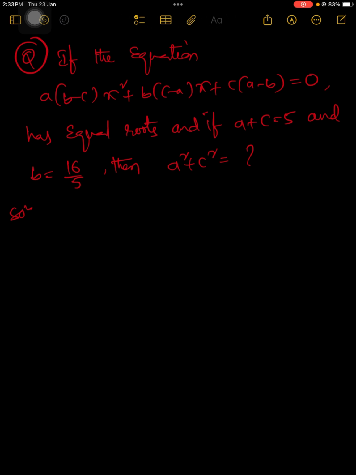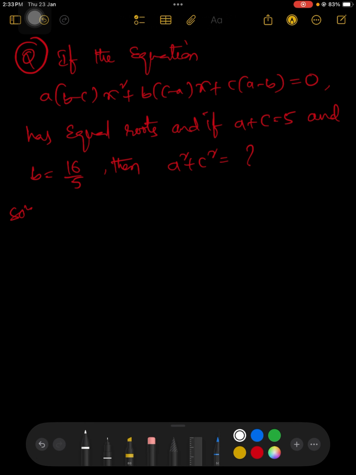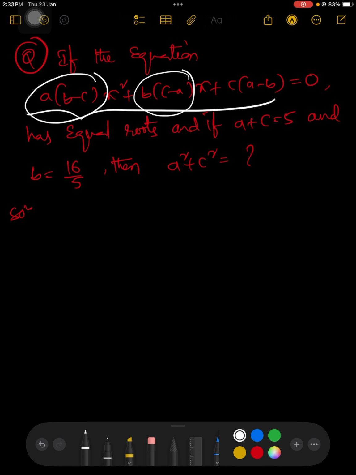Coming to the next question, which is from quadratic equations. The question is: if the equation a(b minus c)x square plus b(c minus a)x plus c(a minus b) equals 0 has equal roots. Now if you observe this equation clearly, the sum of all the coefficients, a(b minus c) plus b(c minus a) plus c(a minus b), is equal to 0.